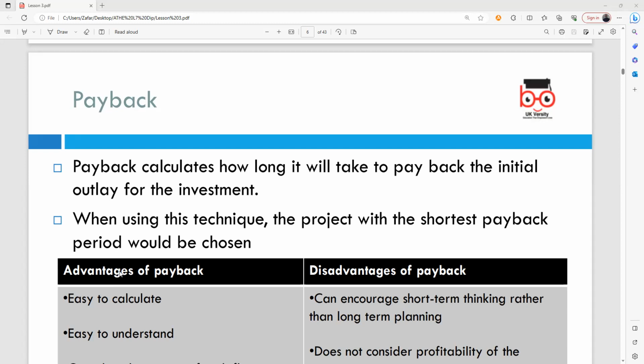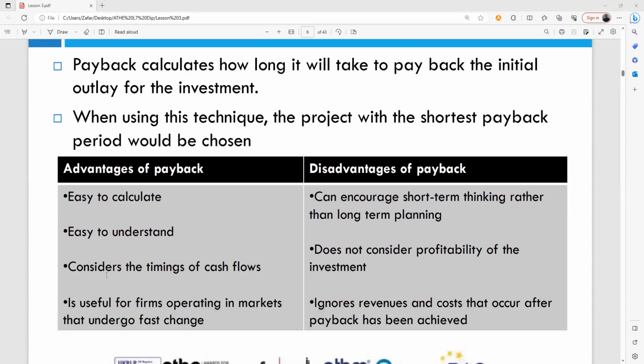So this is very simple. The simplest technique is known as the payback method, i.e., you need to know how long it will take you to recover your initial investment. That's all. I.e., the shortest period in which you will recover your money.